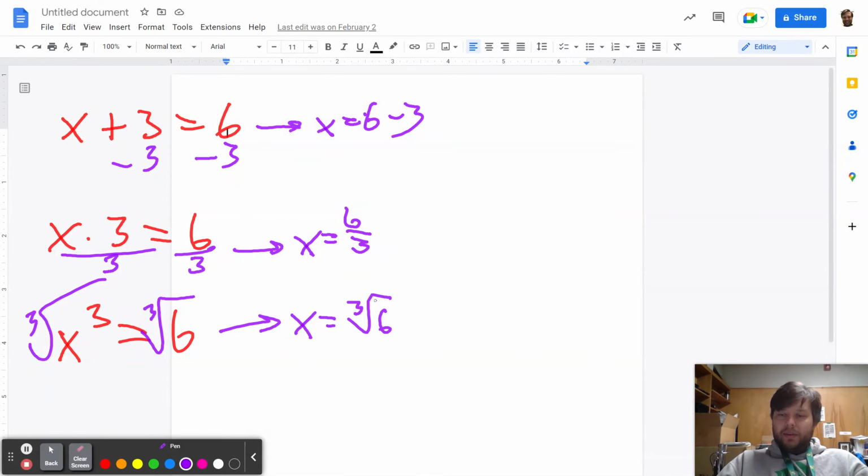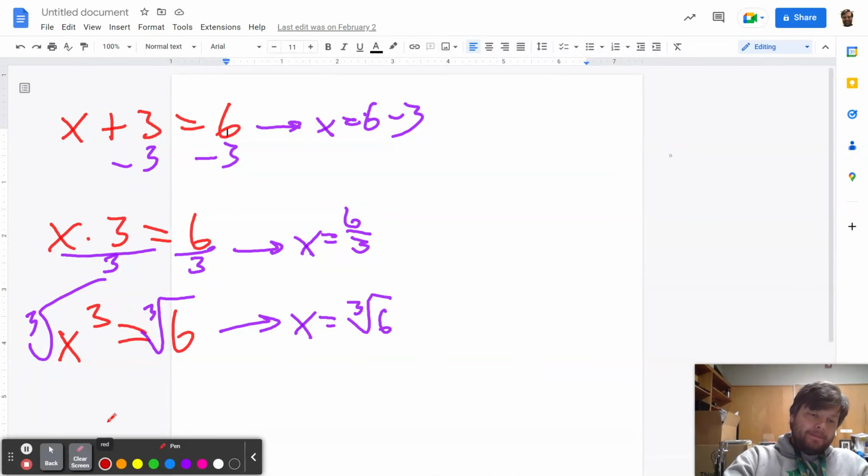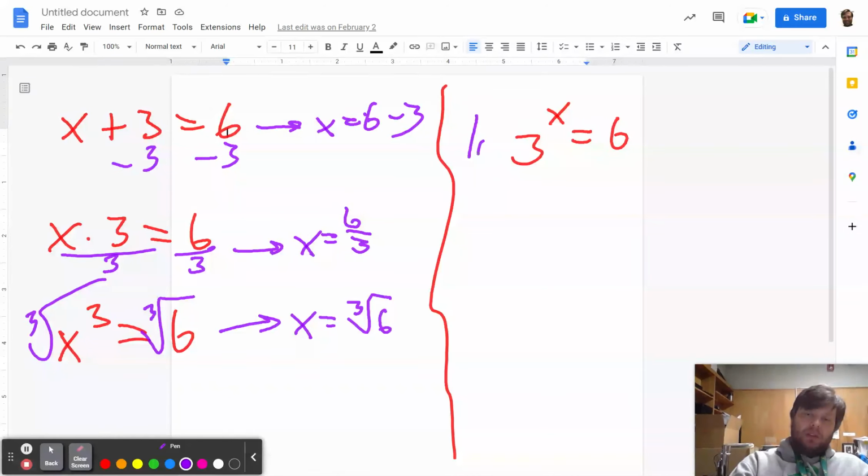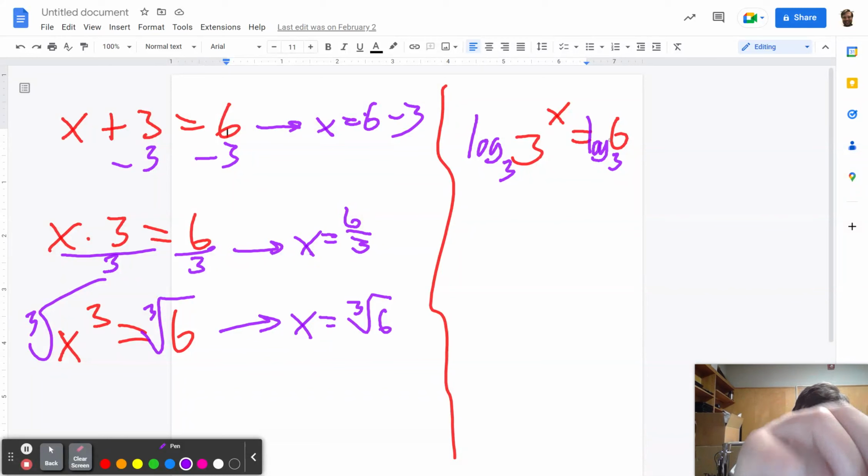Now, when we have a logarithm, it's the same idea. You start with an equation like 3 raised to the x equals 6. And you do an operation to both sides of that equation, log base 3 to both sides. When we did minus 3 on our first equation, that canceled plus 3.